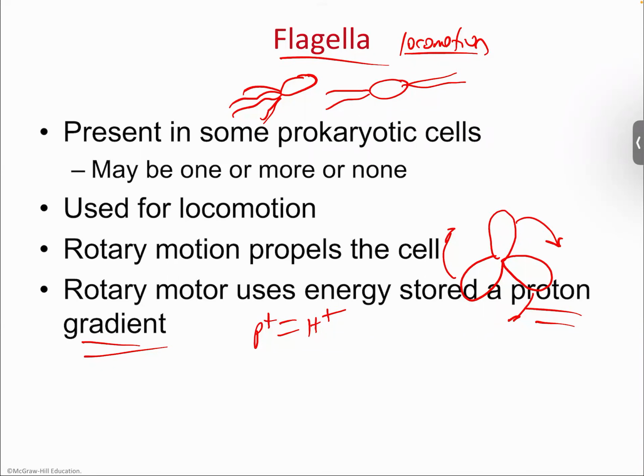Because it already has 1 proton. So how many neutrons does it have? None, right? So all a hydrogen atom is, is 1 proton, 1 electron. So what happens when you take that electron away to create your hydrogen ion? You literally have a proton left. So a proton is exactly the same as a hydrogen ion.